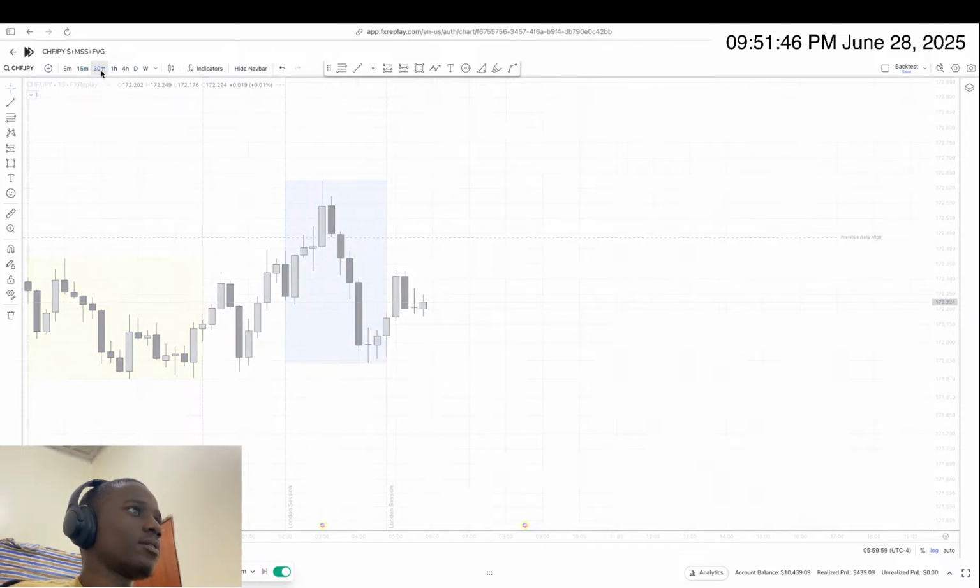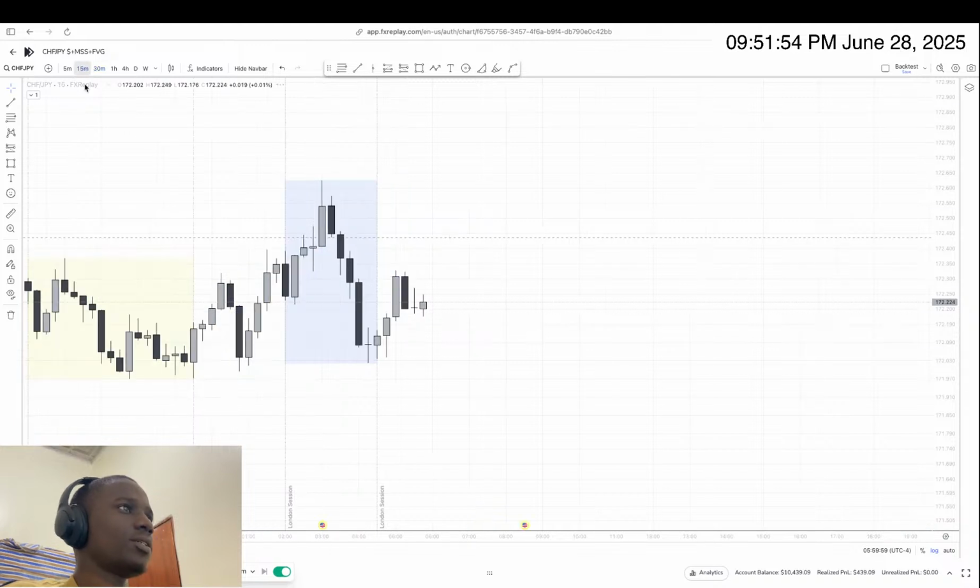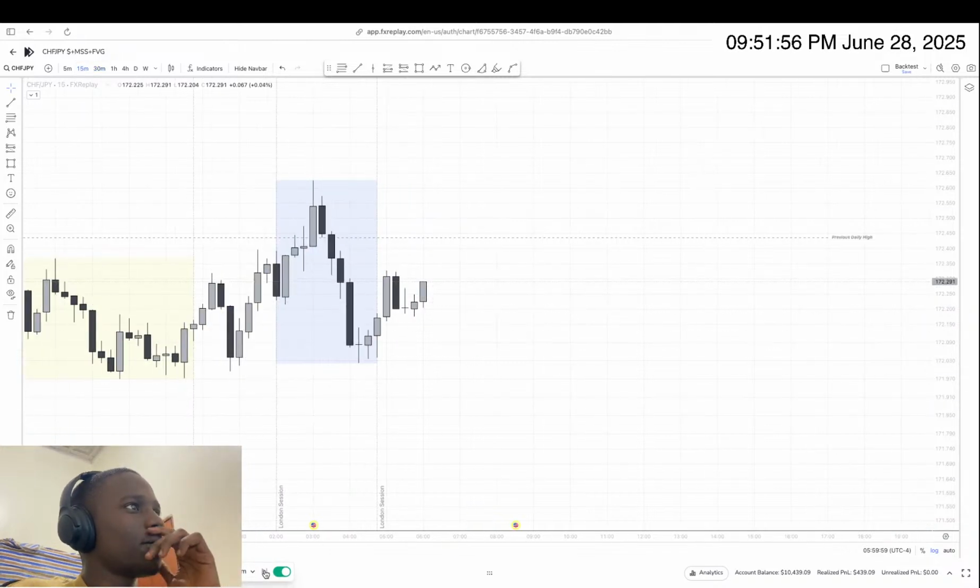Okay, let's see if we can notice something. We took out the previous day high, then we dropped into this order block kind of structure. Let's see how price reacts there.